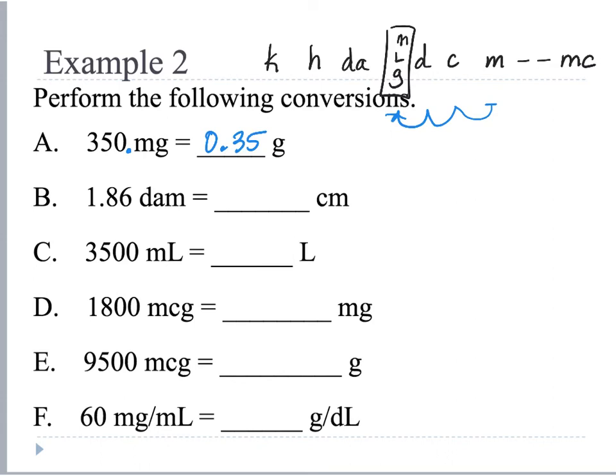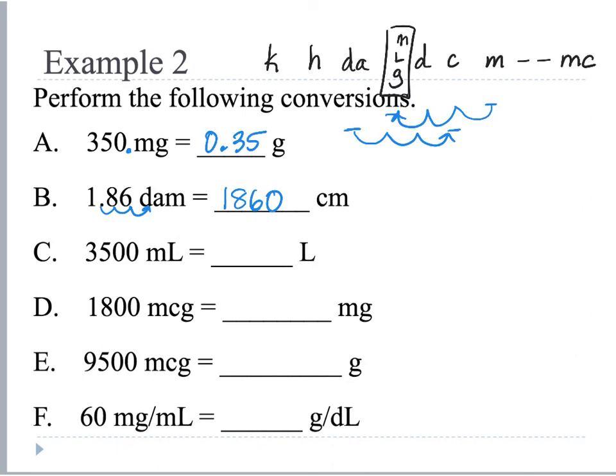Part B, 1.86 decameters is how many centimeters? So deca is here, centi is here. So I'm going to move my decimal point 1, 2, 3 places to the right, which will give me 1,860 centimeters.